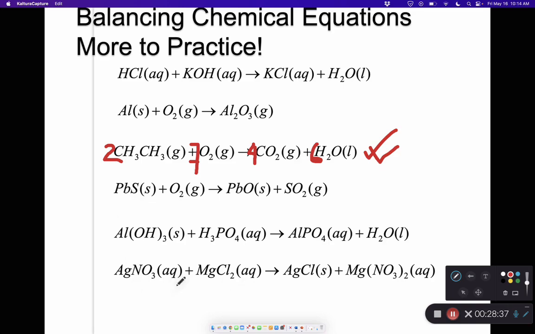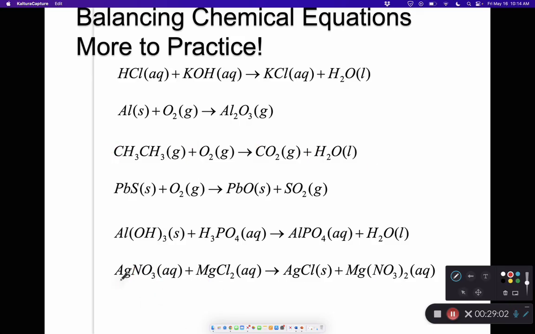For the last one, you can break it down as silver and nitrate ion, magnesium and chloride ion, and silver and chloride, magnesium and nitrate. In such questions, it will be a lot easier to handle NO3 all by itself than individual nitrogen and oxygen.